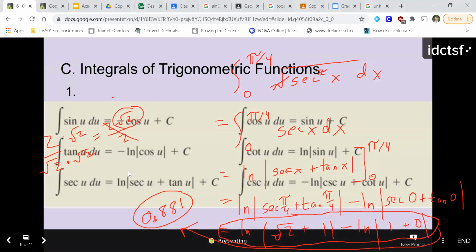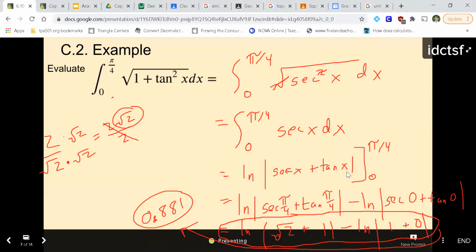The integral of secant is natural log of secant plus tangent. Plug in. To evaluate these, you can either use a calculator and you'll get 0.881, or if this is a no calculator allowed section, you have to use the unit circle. Secant is 1 over the x value in the unit circle. Tangent is y over x in the unit circle.